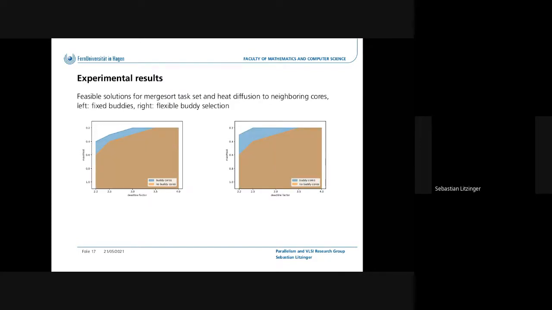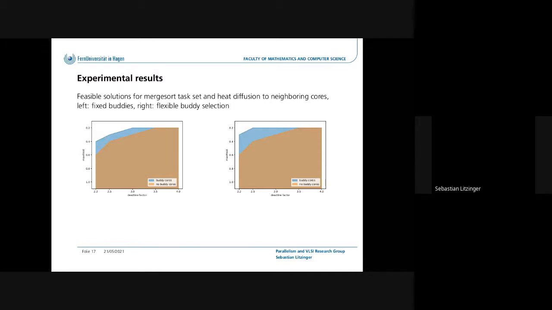This is one last slide with a comparison of, on the left-hand side, the employment of the bodying technique for fixed bodies. So each core group is designated a fixed body core group. And on the right-hand side, you have the results for flexible body selection.